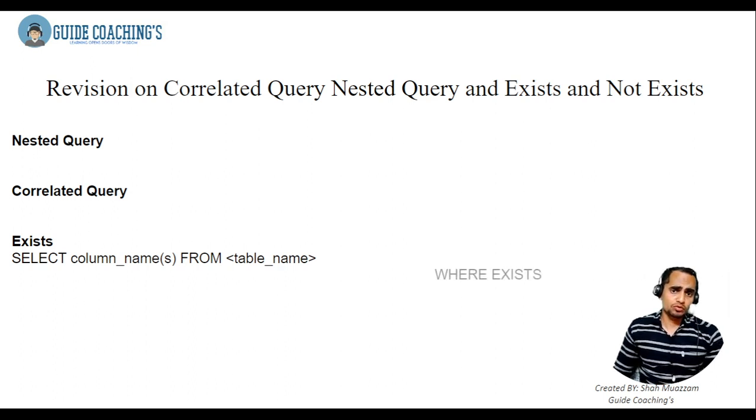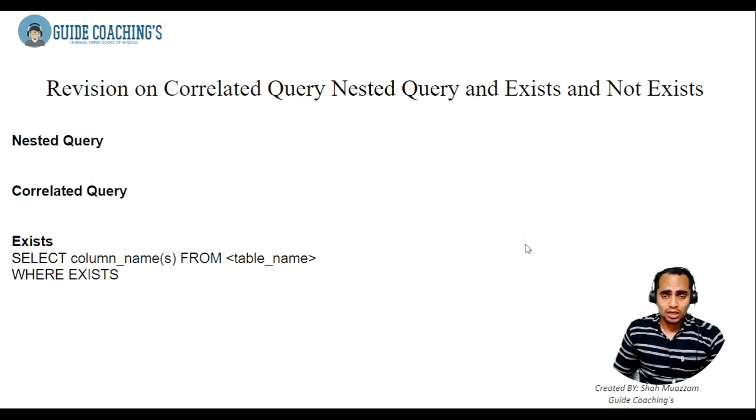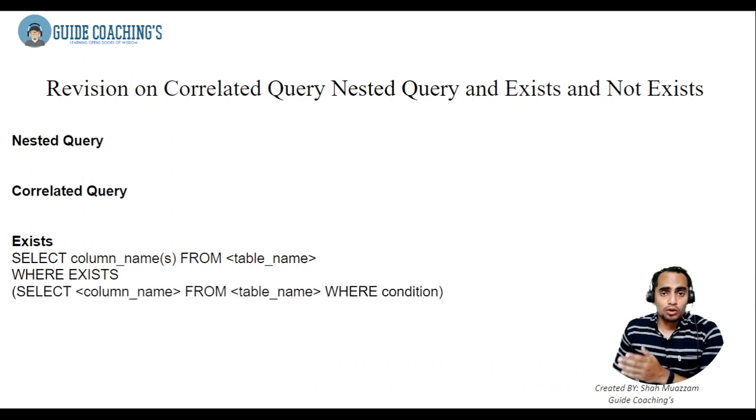Then if you want to see the syntax, it is like this. You can see right here we have select column names, we can put multiple columns, then we write from and the table name, then where exists, and then we give the subquery, and we can write any condition over there.